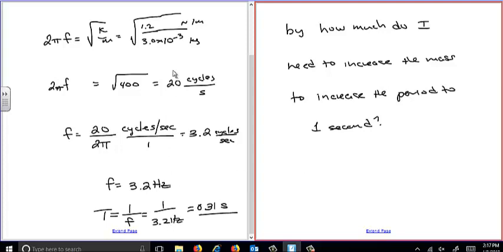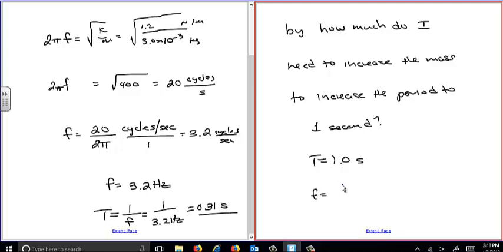So you basically work your way back. I know T is equal to 1 second. Therefore, the frequency is 1 over T. Actually, I don't know where I got 3 from.